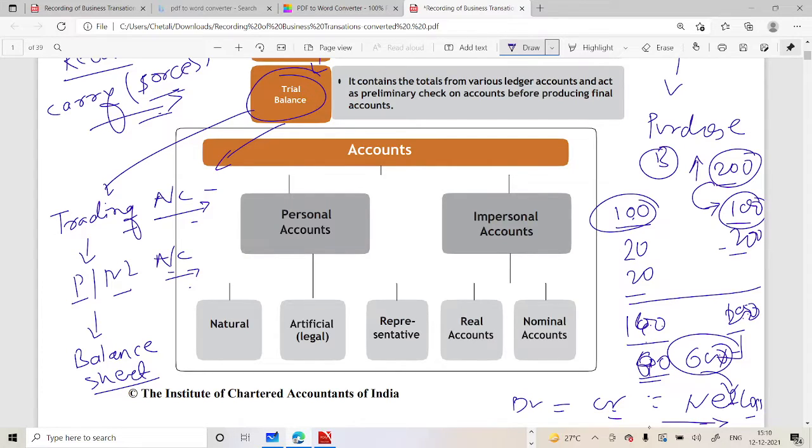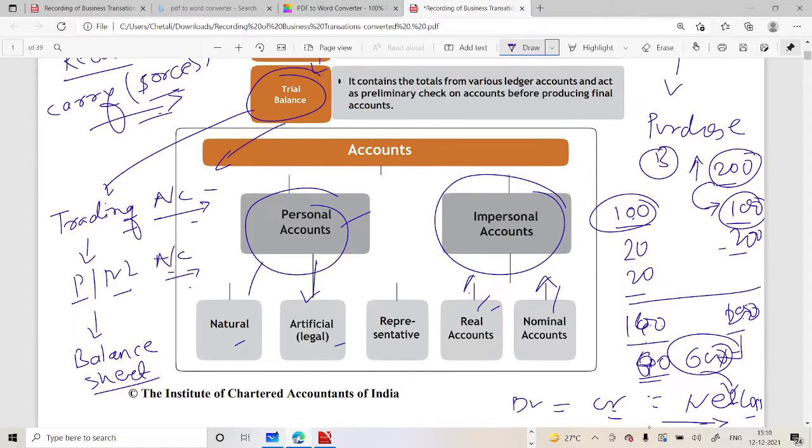So what are the accounts? Personal and impersonal. Under personal, natural personal and artificial personal, and under impersonal accounts, real and nominal, right? We just need to know which is personal, then real and nominal.